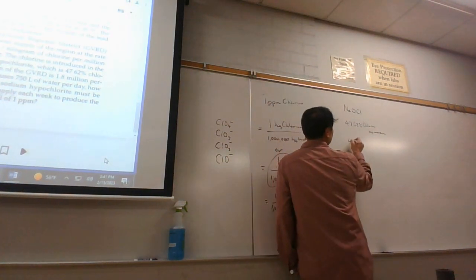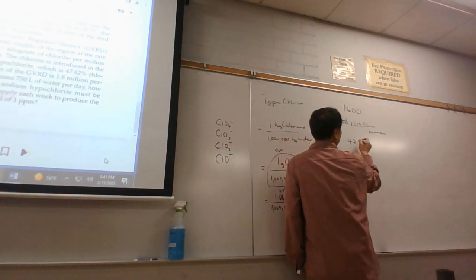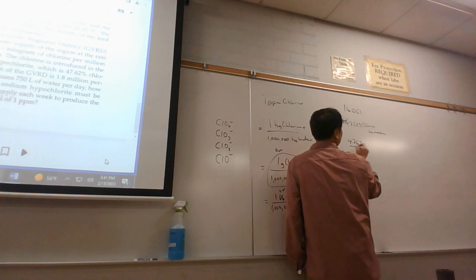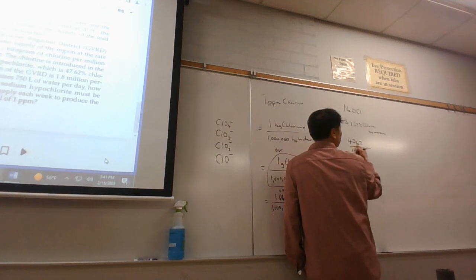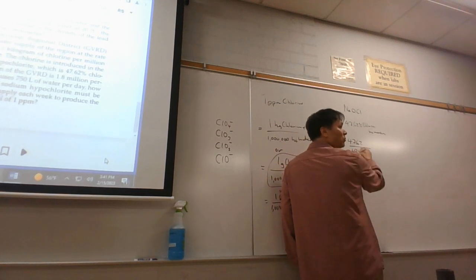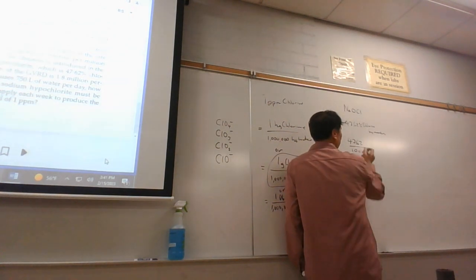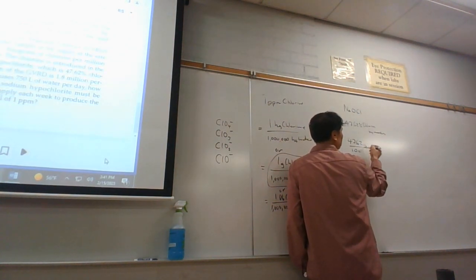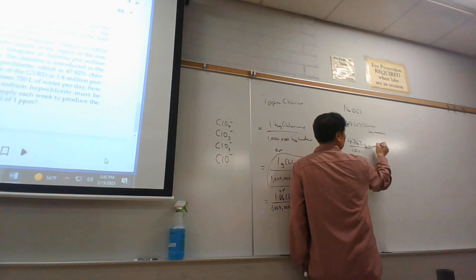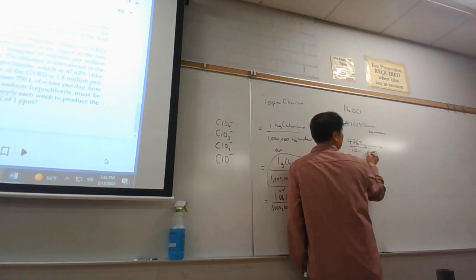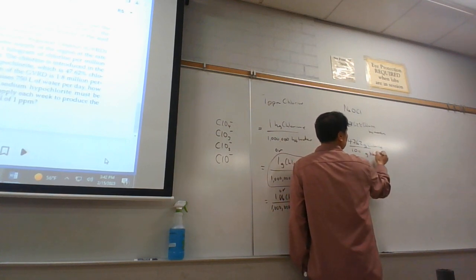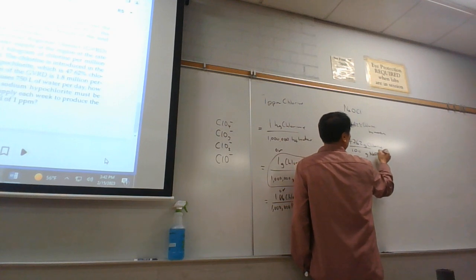If it's by mass, that means that sodium hypochlorite consists of 47.62 out of 100 what? 47.62 grams of chlorine for every 100 grams of sodium hypochlorite. Okay.